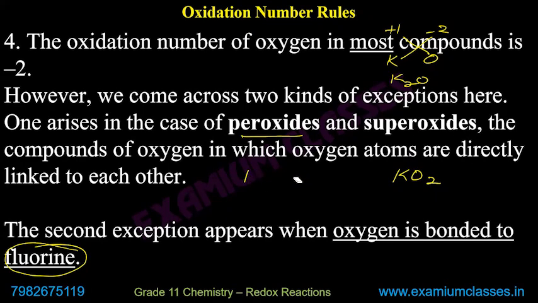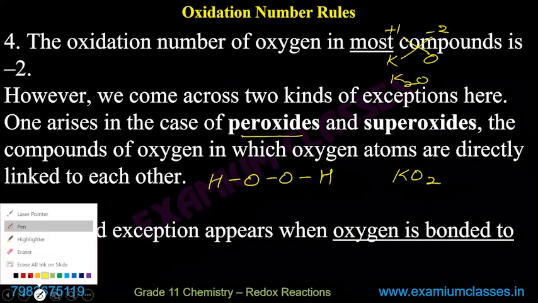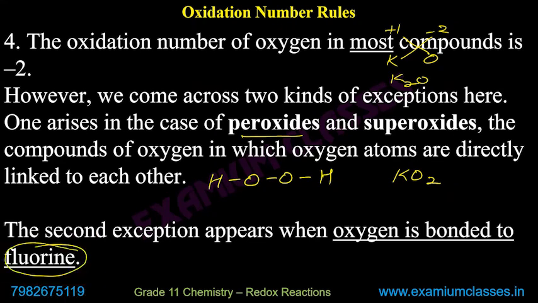And this is peroxide. In peroxide, the internal bond of oxygen is like this. This is called the peroxide linkage. Wherever you see this part, it is called peroxide linkage. Here oxygen does not have -2 oxidation state.